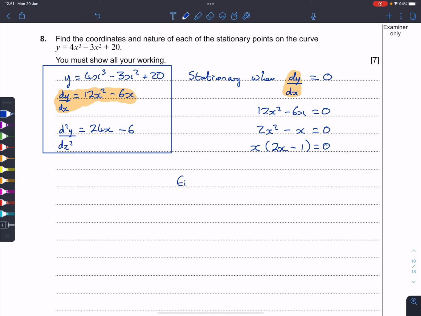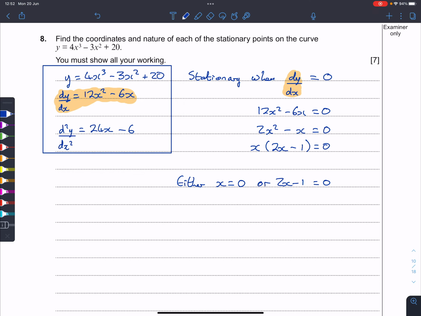So either the first term, the x, is 0, in which case I'll have 0 multiplied by something, which gives me 0, or the 2x minus 1 is 0, in which case I'll have something multiplied by 0, which again gives me 0.